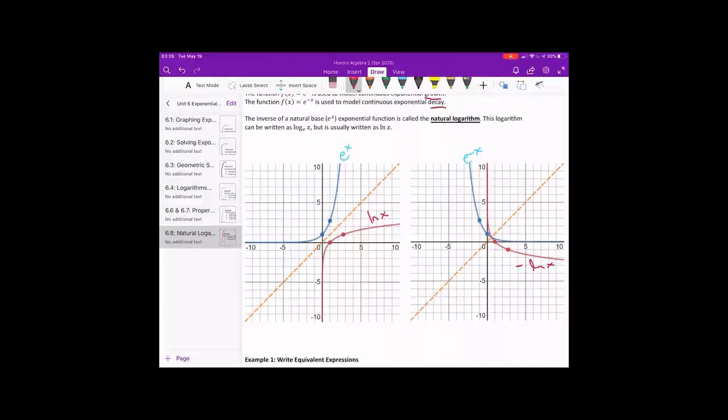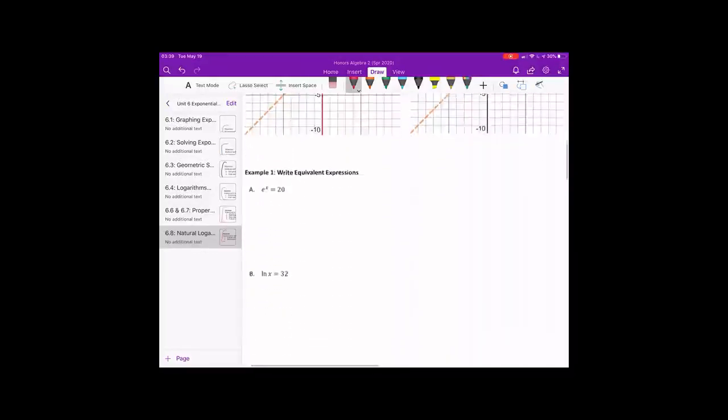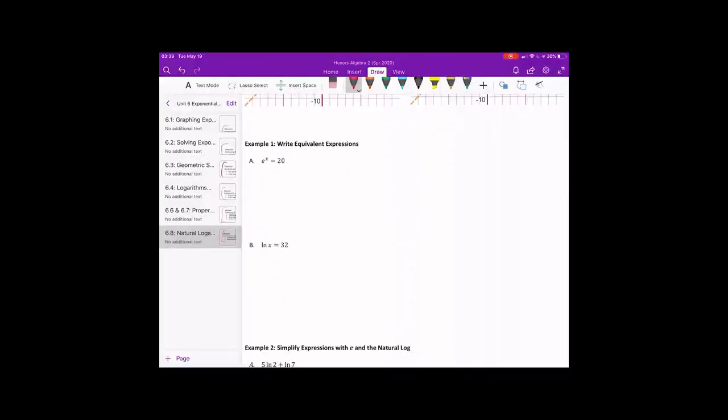Okay, so with that being said, let's look at some examples on how to work with logs and exponentials. This goes back to the properties we talked about yesterday in sections 6 and 7, being able to convert from exponentials to logs or logs to exponentials. Remember what goes where.